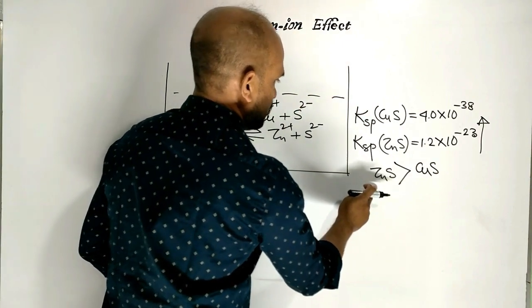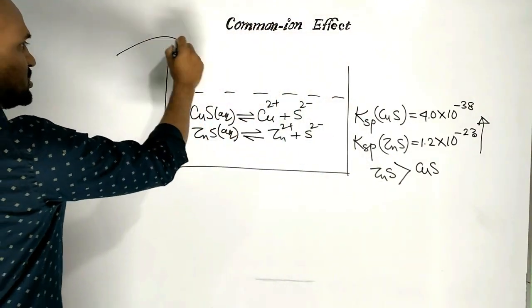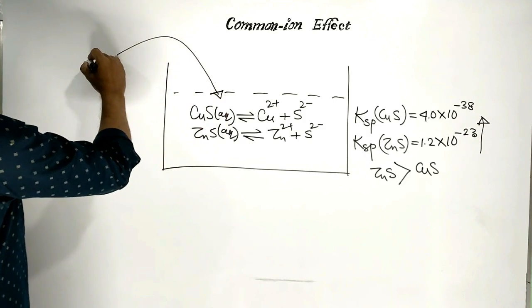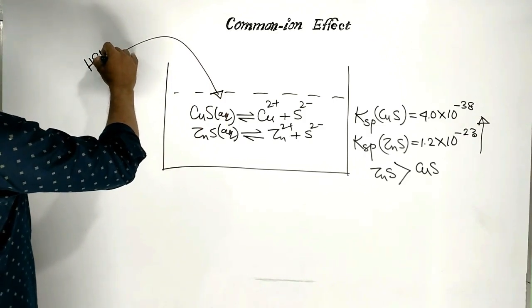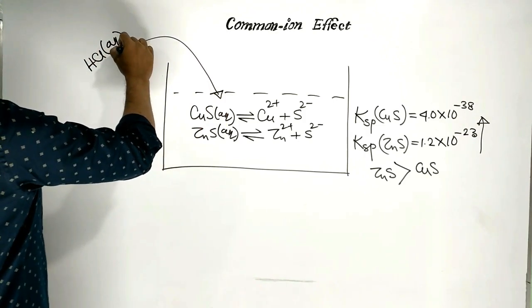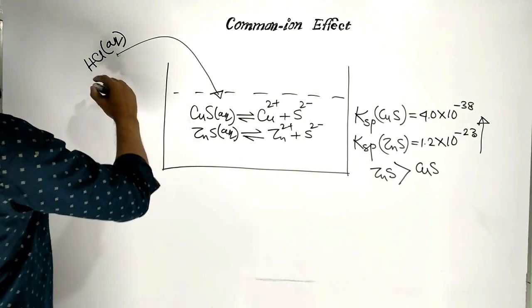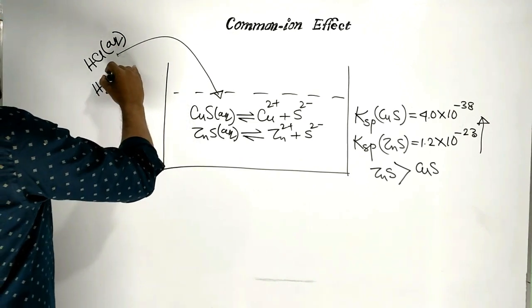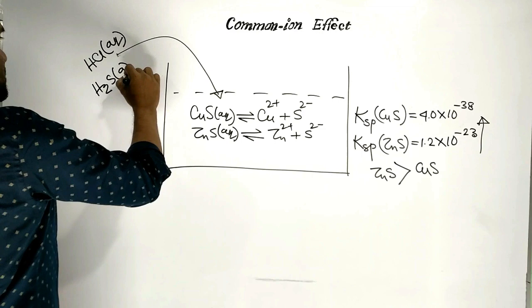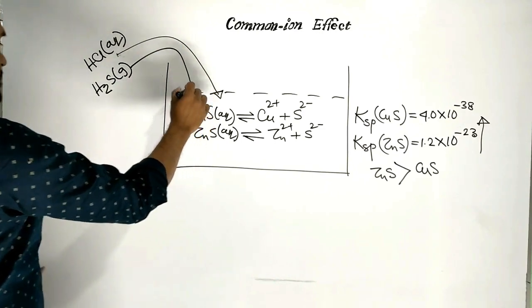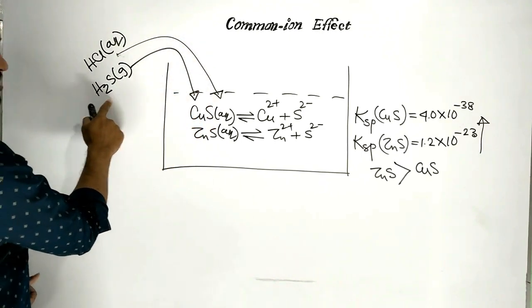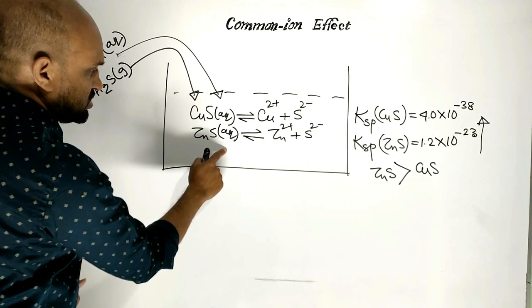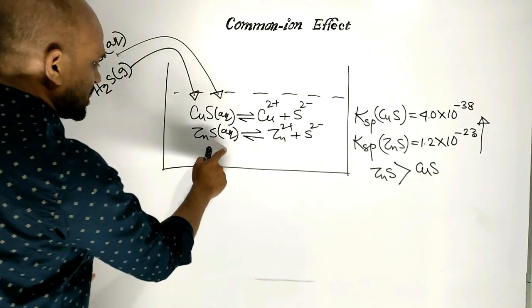This is point number 1. When hydrochloric acid is added to the solution, and after that hydrogen sulfide gas is passed through the solution, let us see what happens.